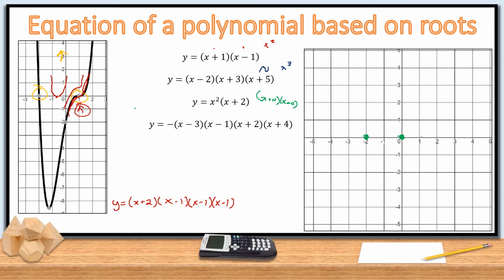This is a cubic, so we would end up with an x cubed if we were to distribute this, and that'll be the highest degree of x. So it's going to come up, turn, and then turn back up again at x equals 0, something like that. It's going to hit the 2 points, but it's going to be tangent at 0 because there's 2 factors for x equals 0.